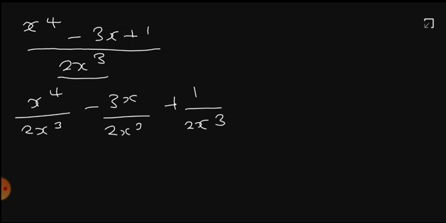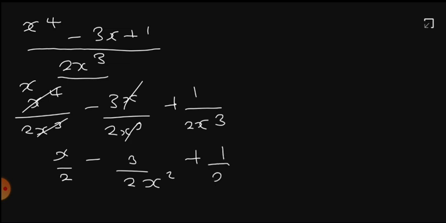We've got x to the power 4 on top and 3x down, so we can cancel and remain with the x down and just 2 there. So we're saying x over 2, minus, we can cancel 1x there and 1x there, remain 2x. We're saying 3 over 2x squared plus 1 over 2x to the power 3.